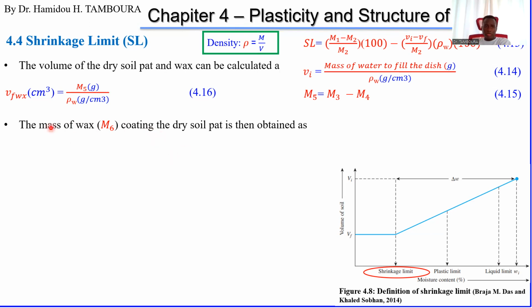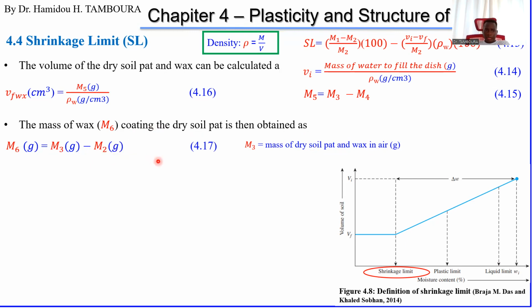So the mass of this wax is obtained by using this formula, because we know that M3 is the mass of the dry soil and the wax, both of them. If we subtract the mass of the dry soil, because M2 is the mass of dry soil from the beginning, we get M6, which is the mass of the wax coating the dry soil.